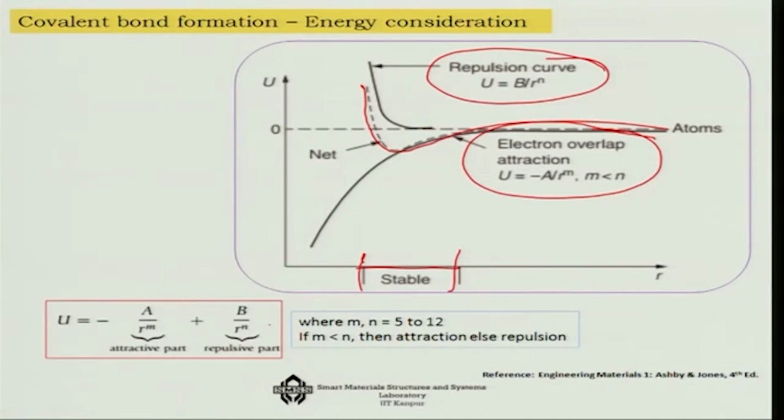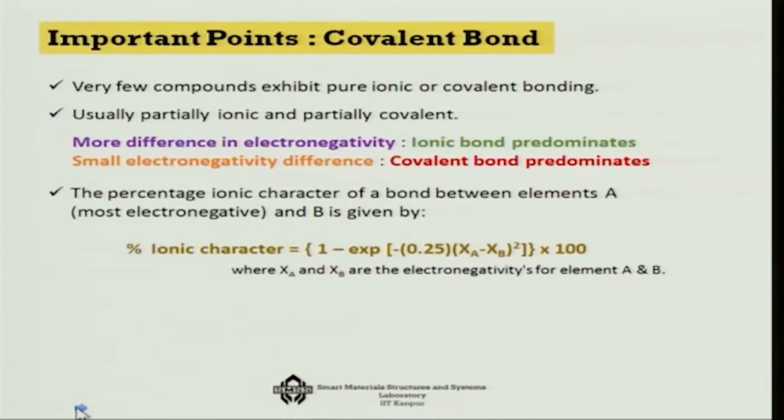The expression is somewhat similar, except that you do not have any ui here, and you have an m here and an n here, and m and n values vary between 5 to 12. When m is less than n, the attraction prevails, and when m is greater than n, the repulsion prevails. That is how the combination of attraction and repulsion creates a stable bonding.